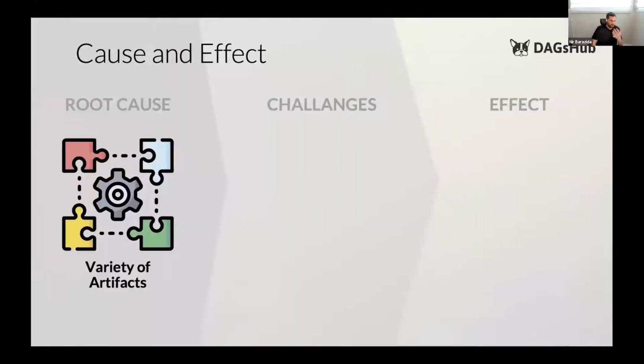The first and foremost root cause is that unlike software development projects that are mostly composed of code, a data science project is composed of a variety of artifacts such as code, data, models, pipelines, experiments, and I can go on and on. And each component has unique characteristics and requirements.